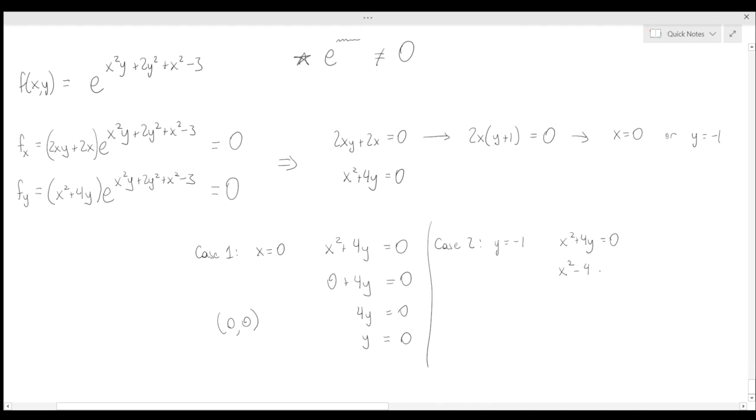So it'll tell me x squared minus 4 is equal to 0. Okay. And so maybe if we move the 4 over, and then when we square root, just remember that there's two solutions, plus and minus the square root of 4. So you get x could be plus or minus 2, okay?